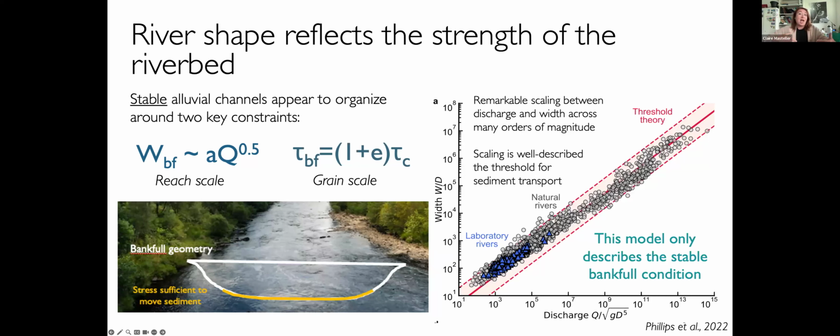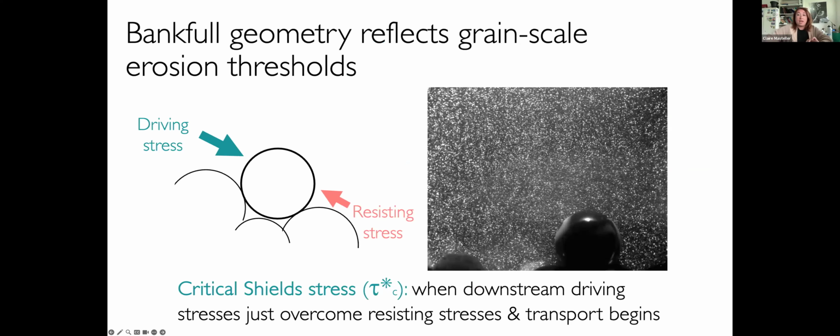So this bankfull width is just a reflection of some average self-organized condition or average discharge. Again, it's worth emphasizing that the bankfull geometry at our cross-section is strongly reflecting the threshold for motion of the grains that make up the riverbed.